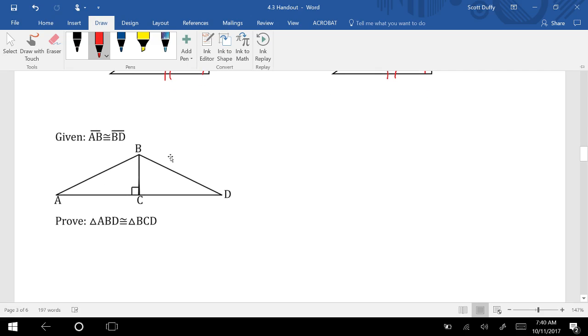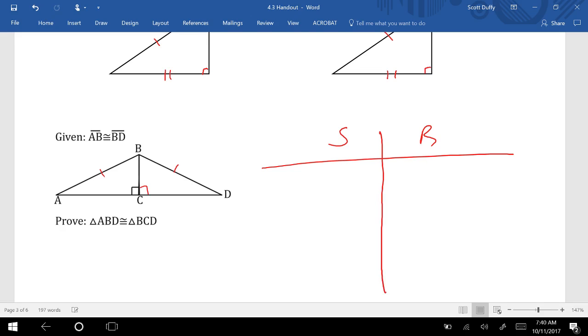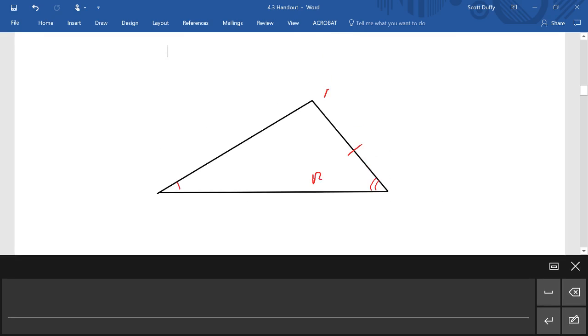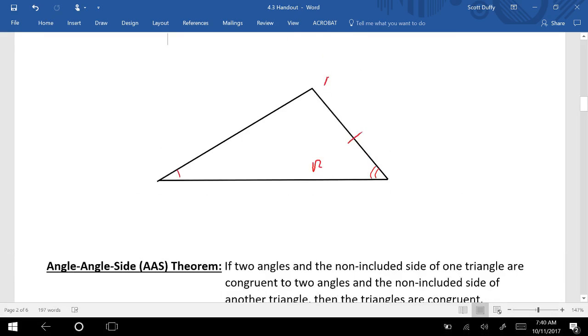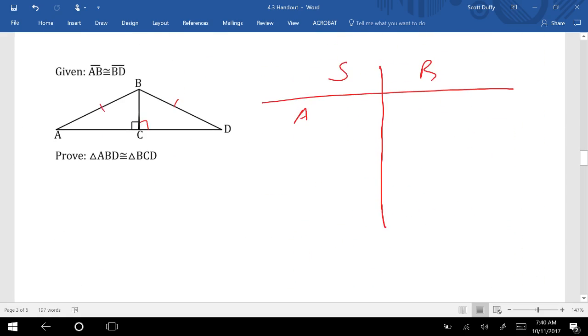So right here we have a right triangle, another right triangle. We're given that AB equals BD, so I'm going to draw the right way. We have statement, reason, and my computer keeps on messing up like that. Apologies. That's given.